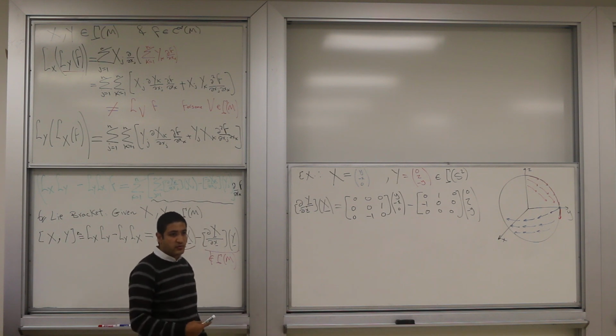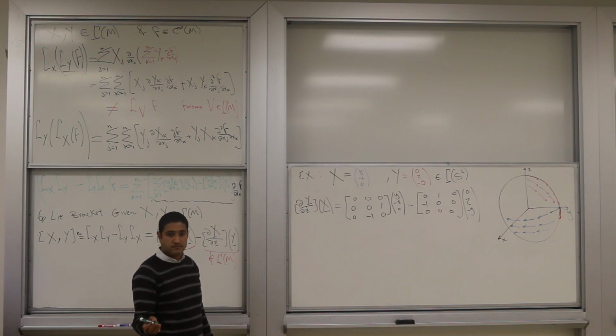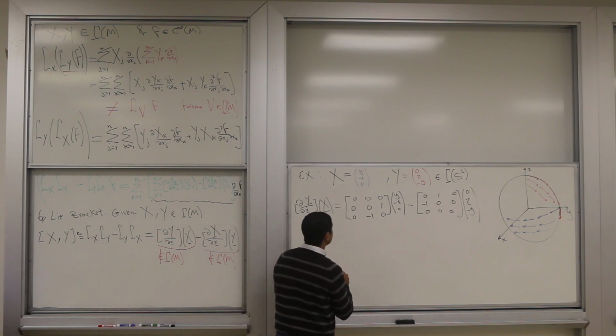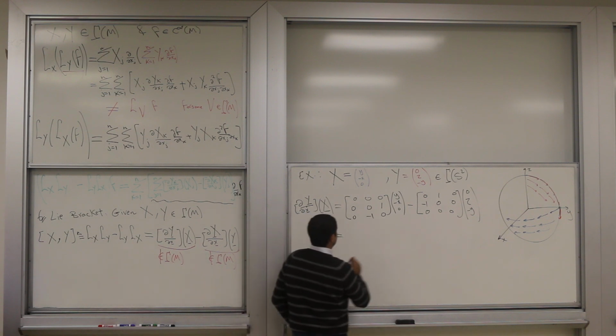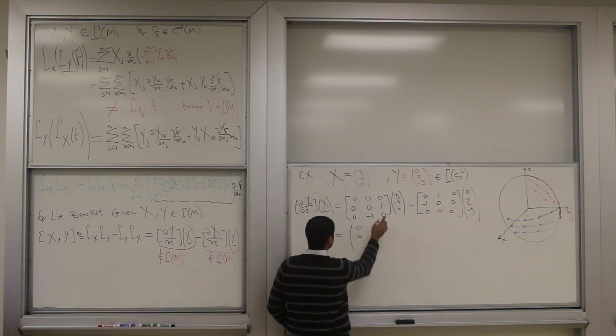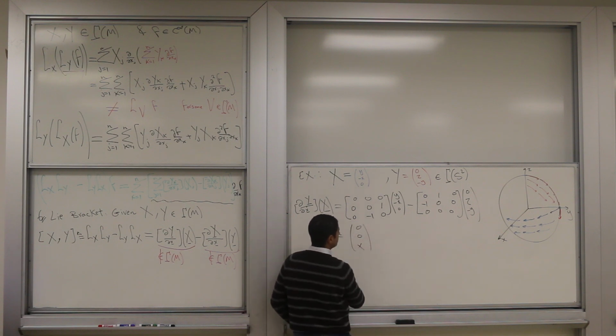Any question how to compute it? I mean, you will have to compute it in the final and in your homework. Any question? Okay, let's get the result. The result here is zeros, and this guy is also 0, x. And this guy is what? X, right? Very good, thank you.